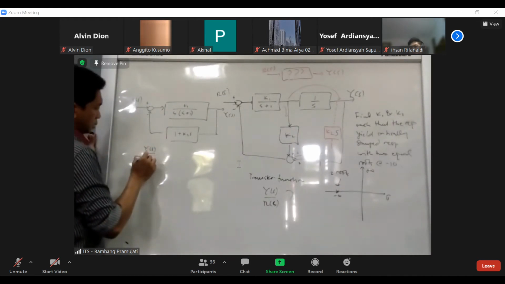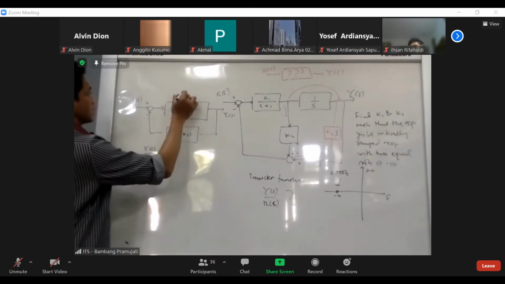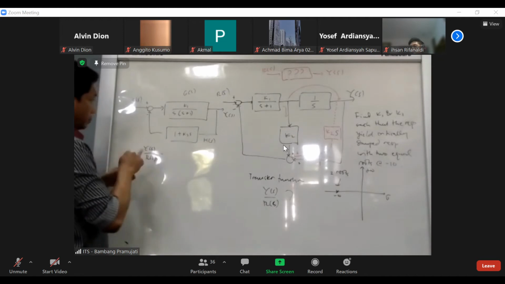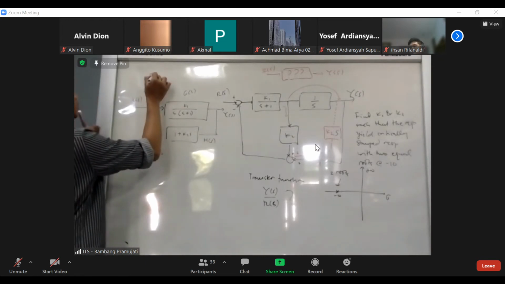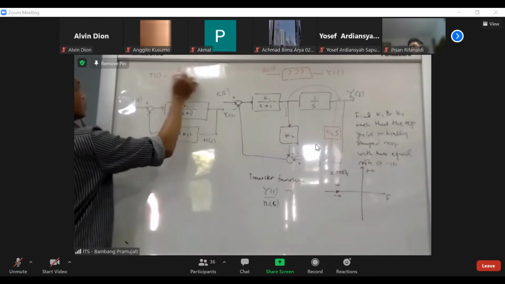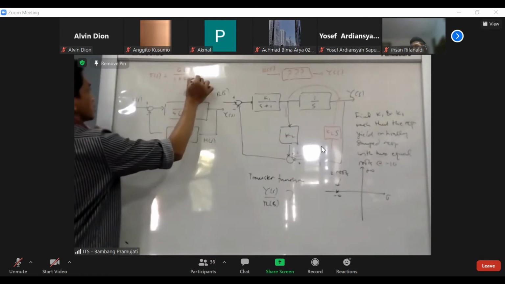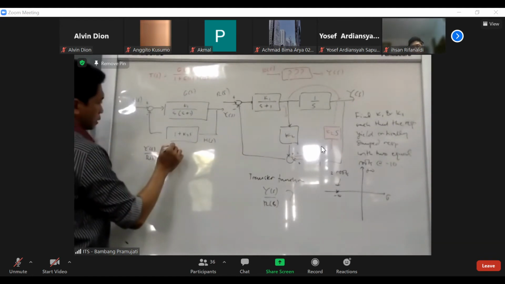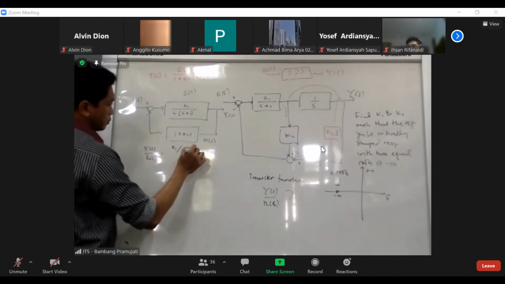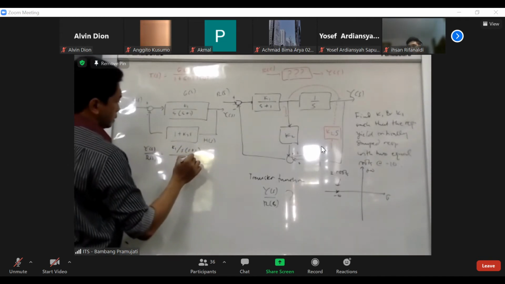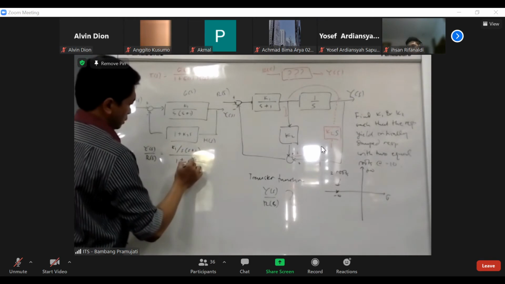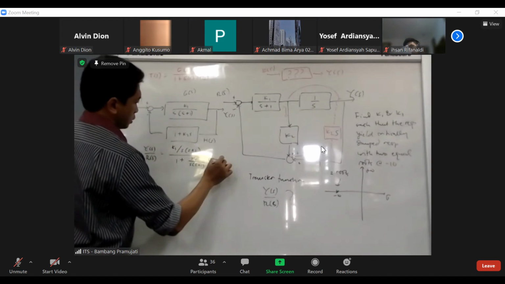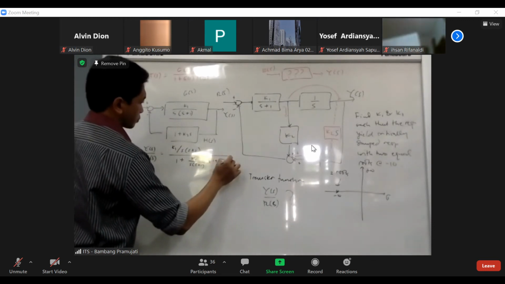Now once it looks like this, Y(s) over R(s) becomes this G(s), and this H(s). You still remember that when you have G(s) and H(s), your transfer function becomes G(s) over 1 plus G(s)H(s). Therefore, now you have this: your G(s) is K1 over s(s plus 1), over 1 plus K1 (s plus 1) times 1 plus K2 s, right?